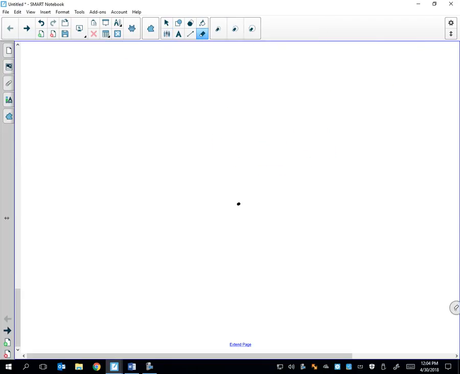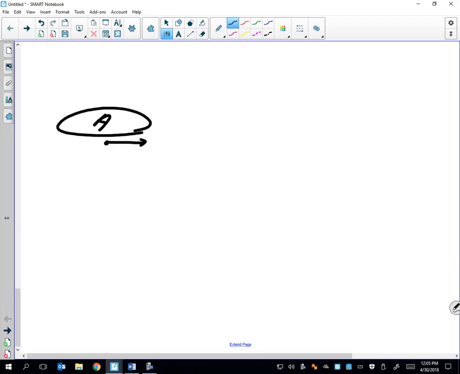So the last shape that we want to talk about is the cylinder. I'm going to say the radius of the cylinder is 3 units. So the area of this circle is 3 times 3 times 3.14, 28.26.